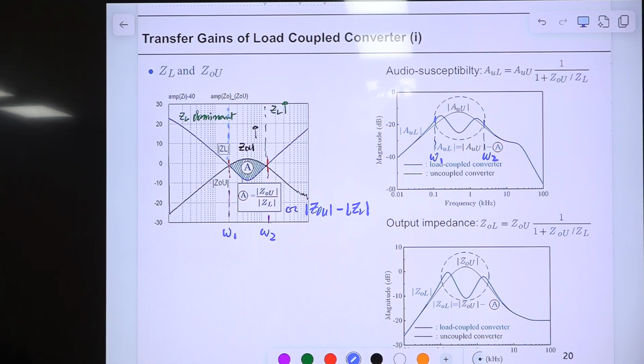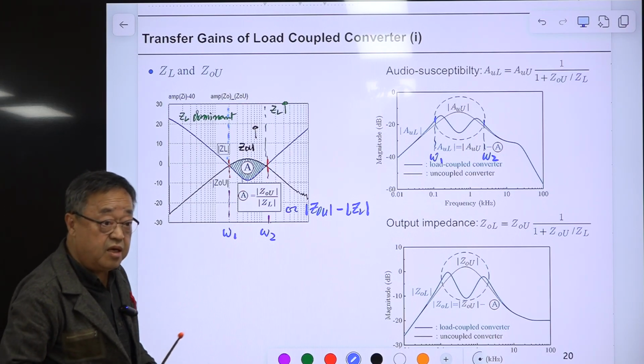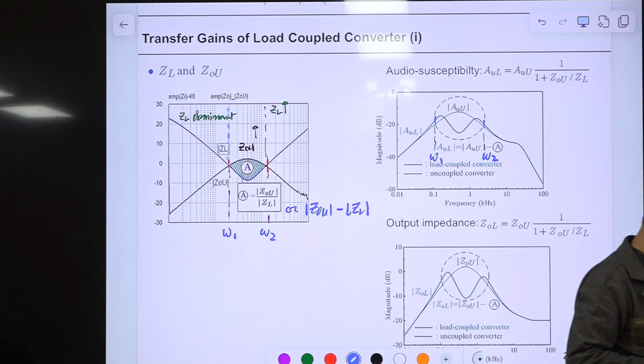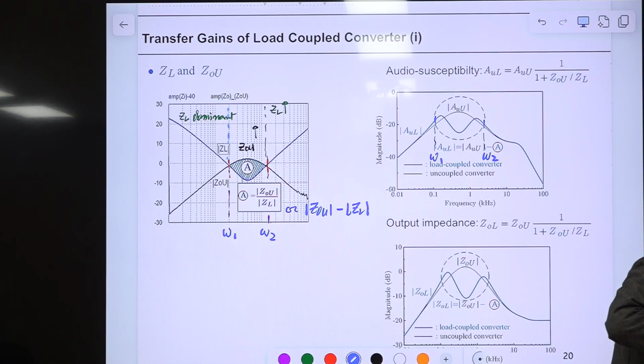The magnitude of this peaking can be predicted from GOU divided by GL. That story is coming in the next topic. The next topic consists of 6 lectures. During those lectures, that story will come.